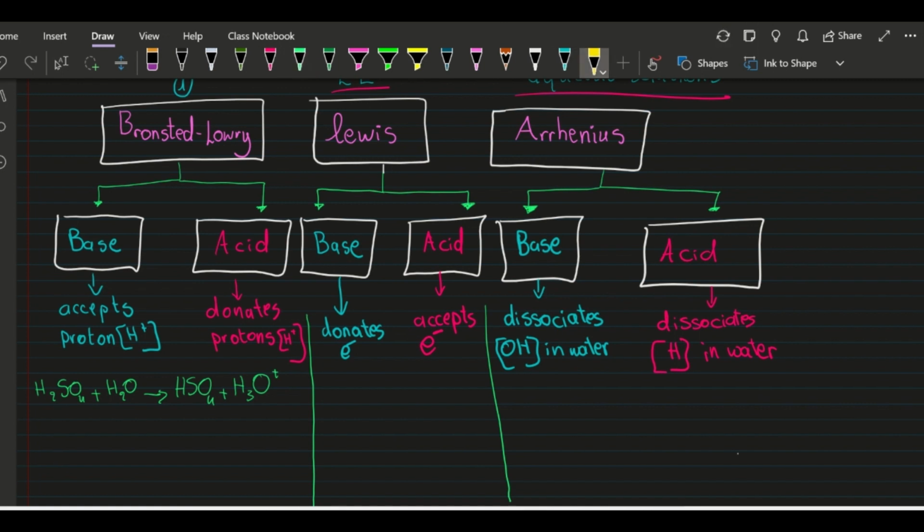So right here, as we said in previous videos, when you're doing Bronsted Lowry, the conjugate is going to be on this side. Okay. And over here, we see that it has more H's, so it's going to be your acid.